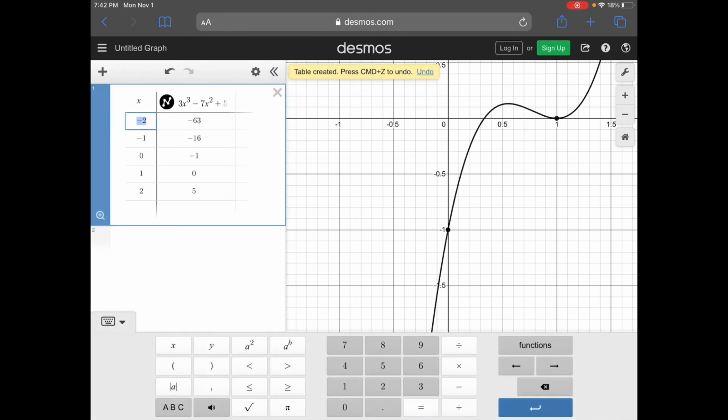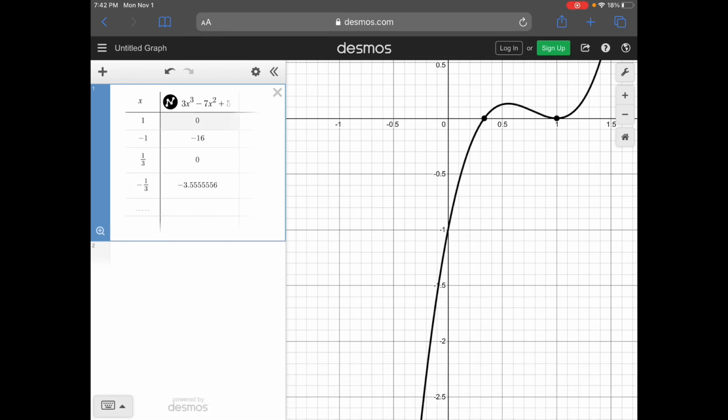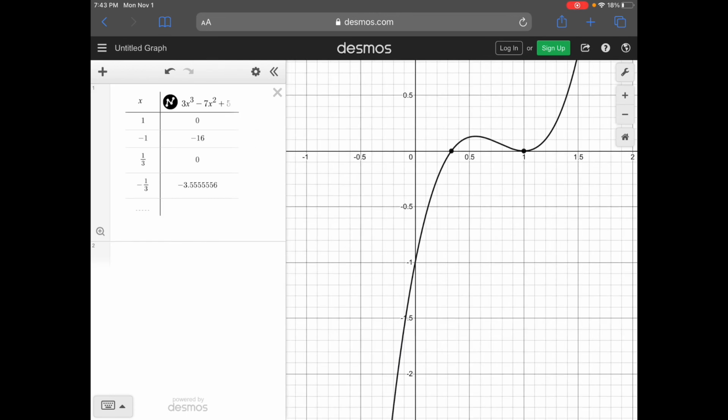My possible rational zeros were 1, negative 1, positive 1/3, and negative 1/3. So I can see that I have 2 zeros here. 1 is a 0, and 1/3 is a 0. So that must be this point right here. So let's see. We cross, see if I can zoom in here.